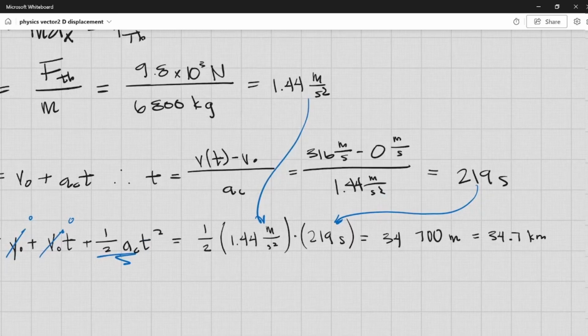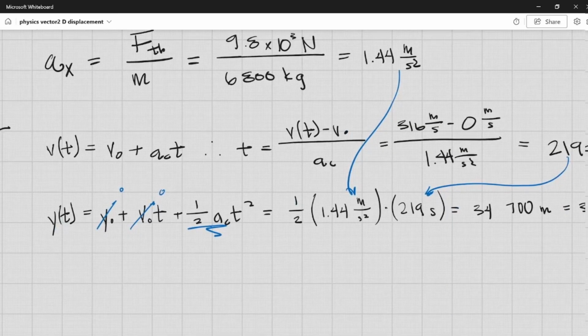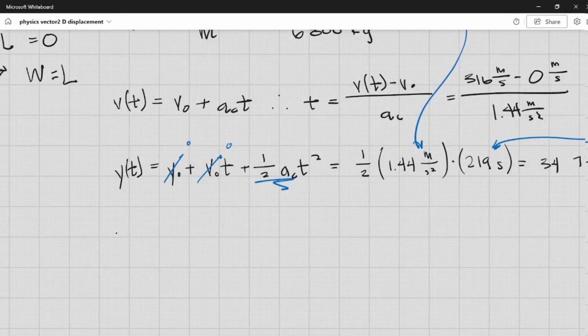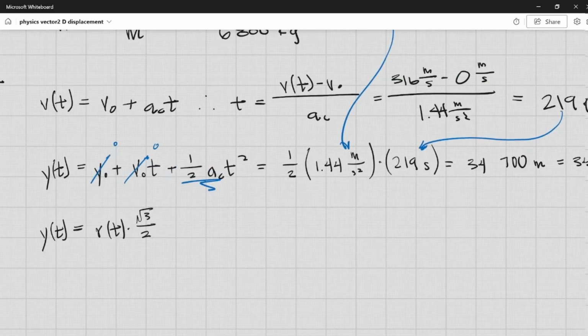So we now know the amount of time that has passed for the first time interval, and we know how much distance they have gone. Well, let's use the amount of distance along the r vector, right? Right now this is along the y vector, but we said that y of t is equal to r of t times the cosine of 30, or times the square root of 3 over 2. Since we have that, we can figure out r of t.